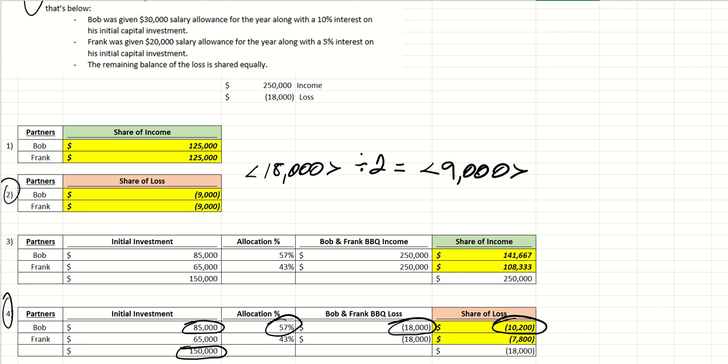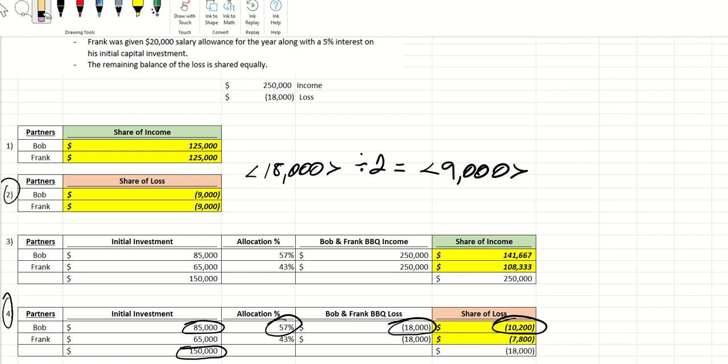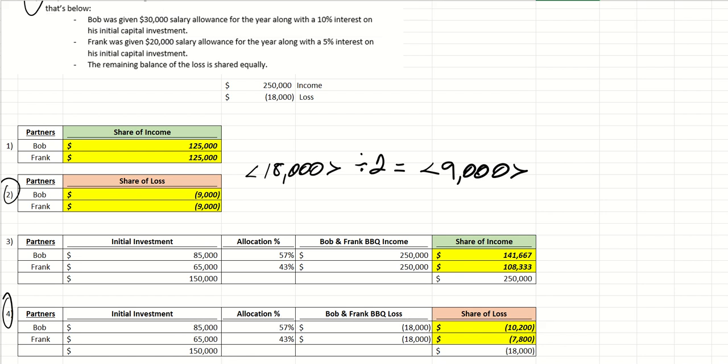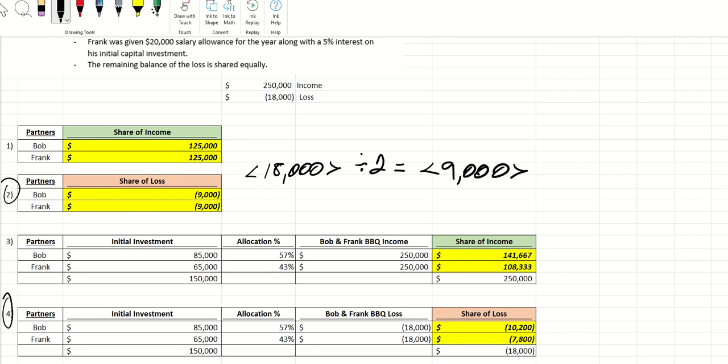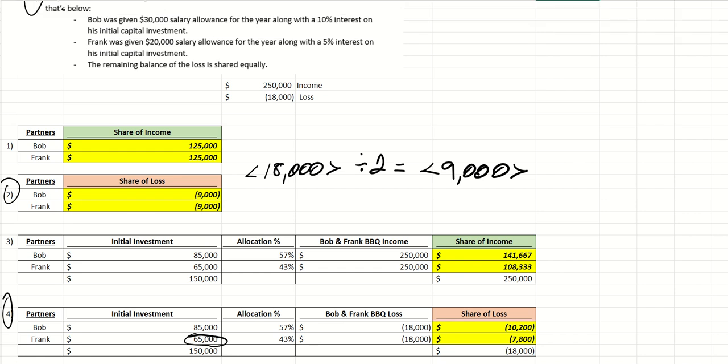Frank had an initial investment of 65,000. Since the total investments amongst the partners was 150,000, 65,000 divided by 150 gives you 43%. That 43% is the percent used to allocate the $18,000 loss to Frank.